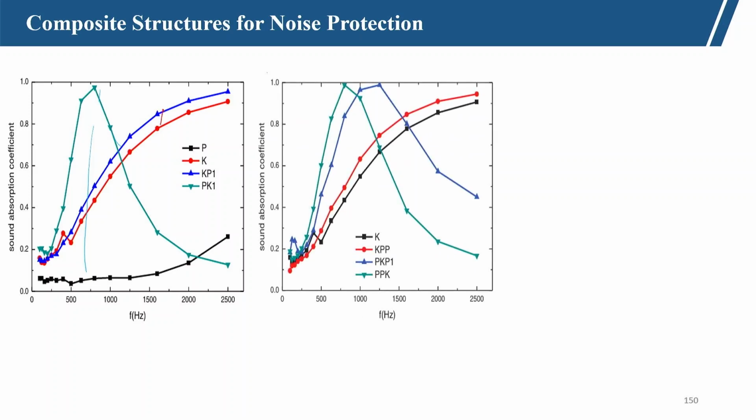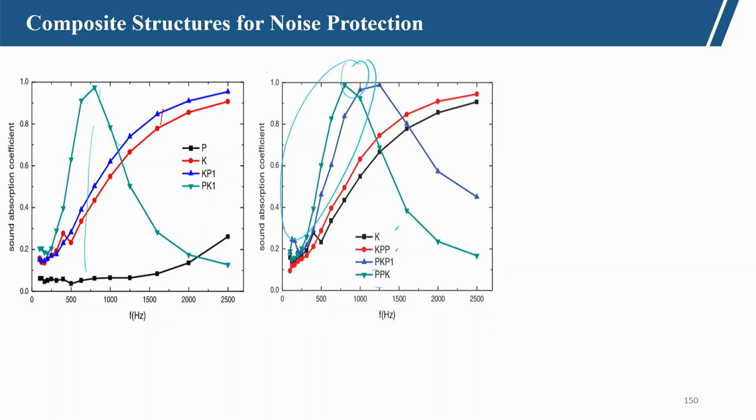Here you can see the sound absorption coefficient for the 3 layer structure, KPK, PK and PPK. You will see that when we use the polyethylene at the front, maybe a single layer or double layer, there is a certain sound absorption initially, then there will be a sudden drop at the higher frequency level.